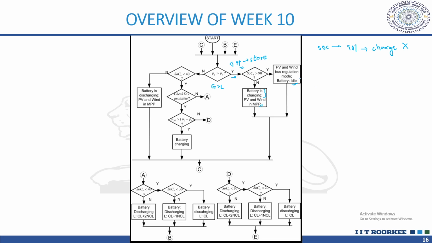But here we can say there will be wastage of power, because for the active power balance we will have to curtail, that is, we have to operate below MPPT. That means no effective utilization of the renewables.